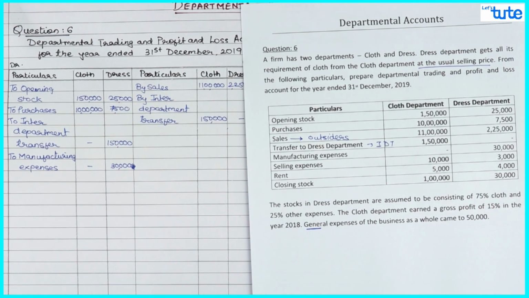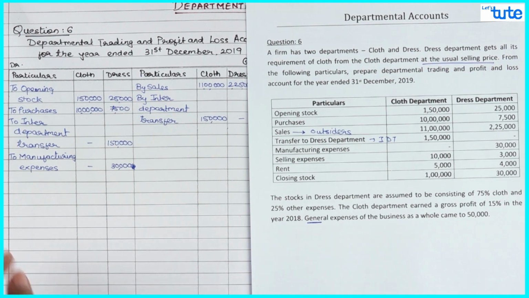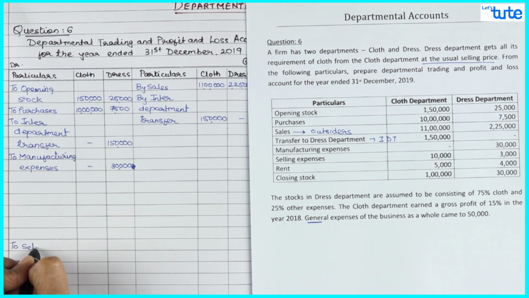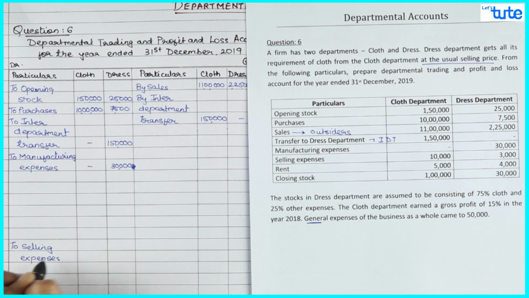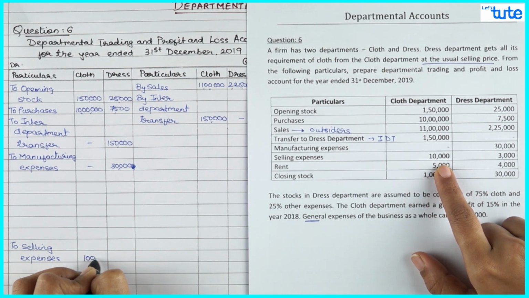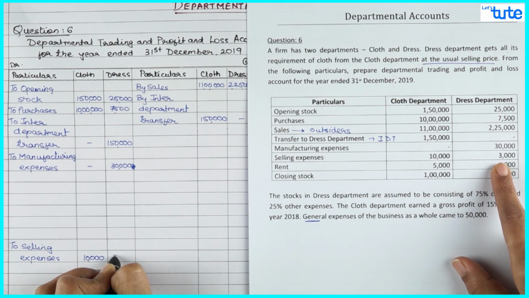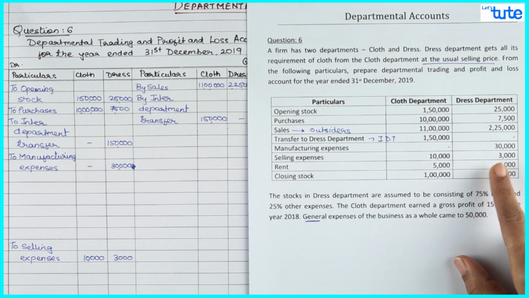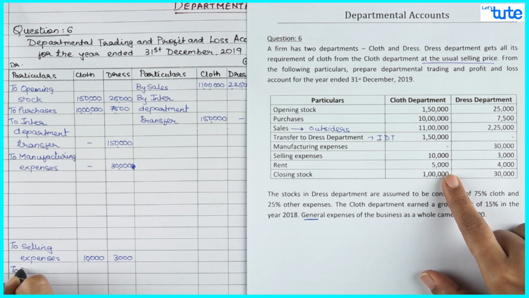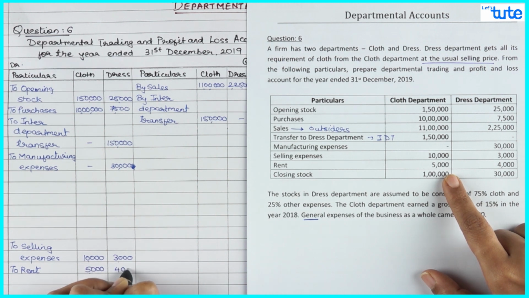Now selling expense will go to departmental P&L account. So leave some space for gross profit and all. So over here I'll say selling expenses. It is 10,000 for cloth department and 3,000 for dress department. Then we have rent. Again the allocation for each department is directly given in the question, 5,000 and 4,000.